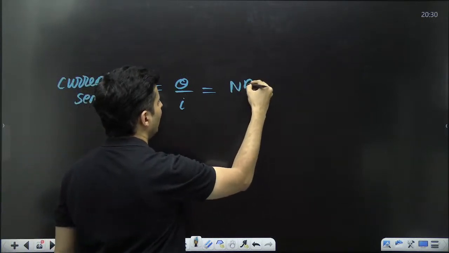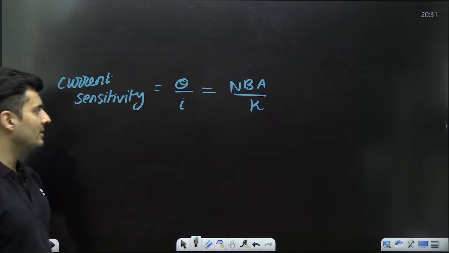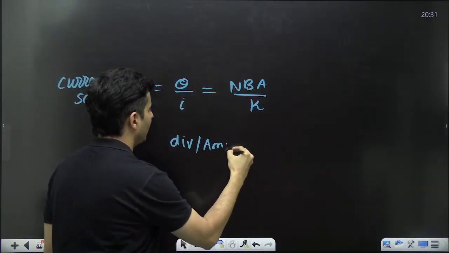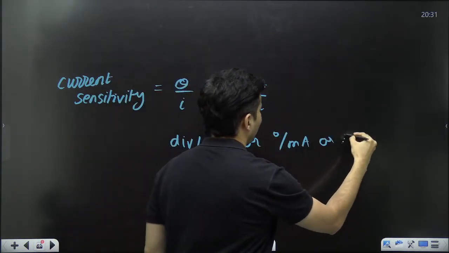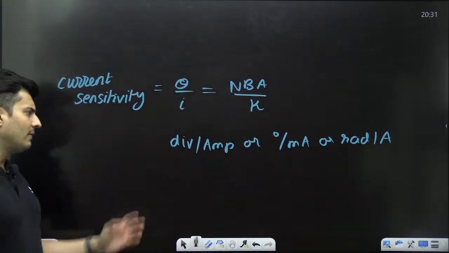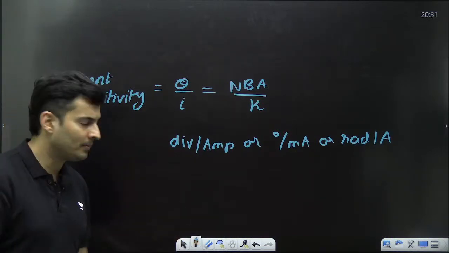So that is your current sensitivity. It is nothing but divisions per ampere or degrees per milliampere or radians per ampere, whatever you want to measure it in. Up to you, depending on the problem.